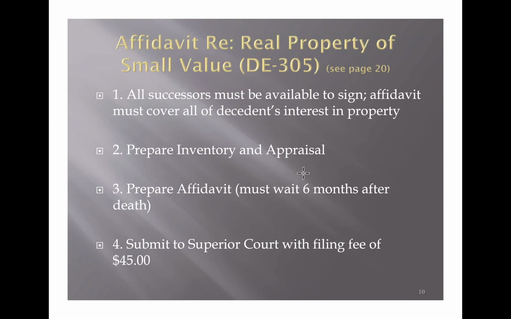So, the affidavit real property of small value. Here again, all of the successors have to be available to sign. They don't have to be there. It can be mailed to them to sign. They don't have to be there at the same time. But they have to be alive and able to sign.